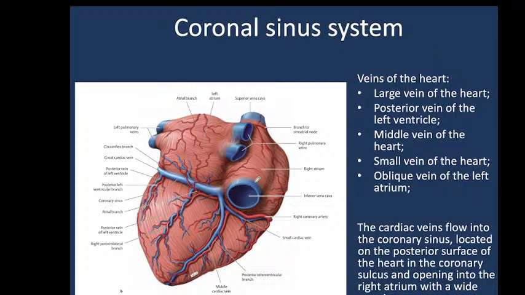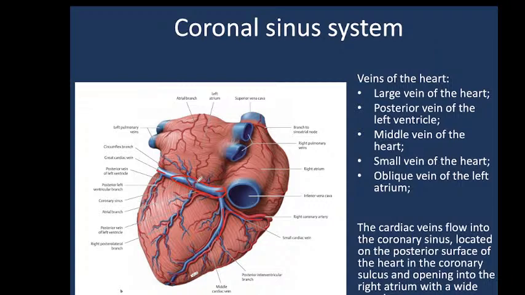We distinguish the great or large vein. Then we distinguish medium and small cardiac veins. All of these veins come into the coronary sinus. Here you see coronary sinus, and coronary sinus comes into the right atrium.